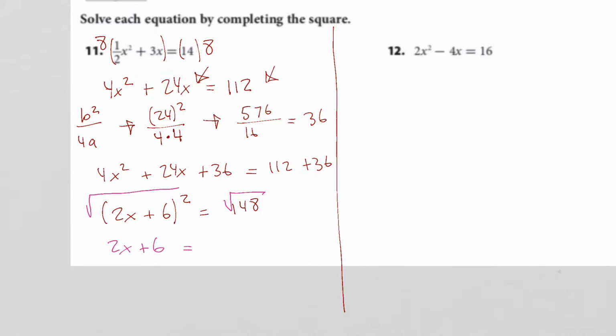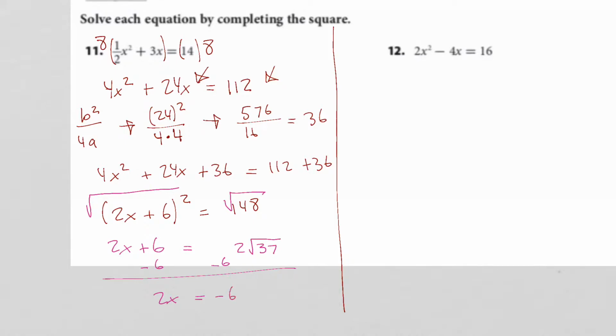And the square root of 148, your class set of calculators will simplify this. I've hopefully shown you how to simplify this by hand, but your calculator will do it. And from here we subtract 6 from both sides. 2x is equal to, and it's of course plus or minus, right?